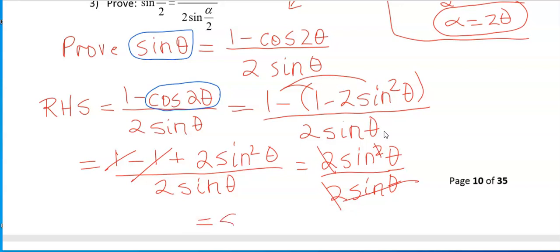And look at that, you have now proven the identity. It's equal to just sine theta. And that's what we have. So now that is equal to the left-hand side. And by golly, look at that, we got the right-hand side equal to the left-hand side. And this is much, much simpler than the original proof involving the half-angle formula. Believe me, it really, really is.